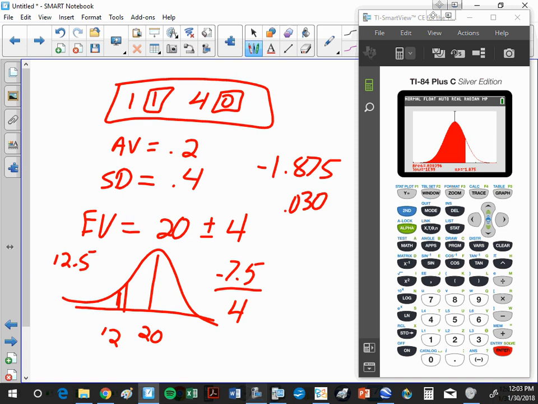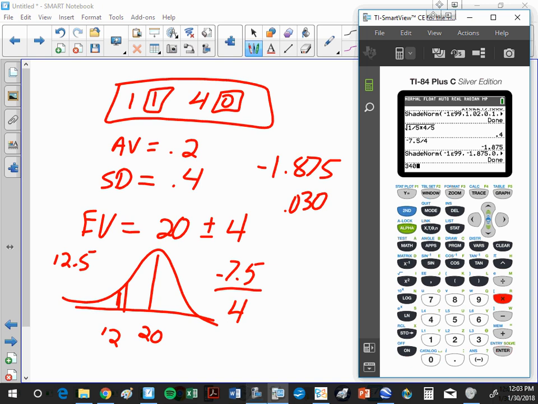But 3% is not my answer. 3% times 340. So 340 times 0.03, and it says 10.2. We say 10 because we're counting people. We're not counting percentages. Yes, you certainly hang on to this.